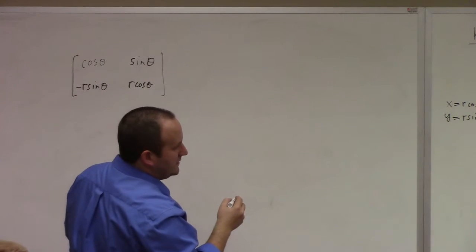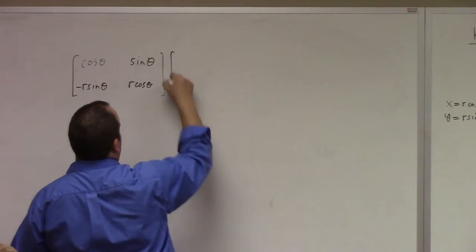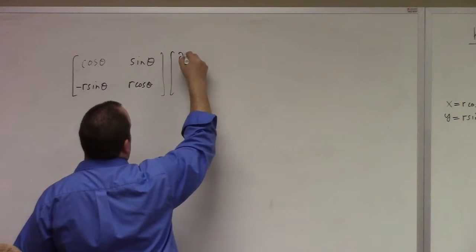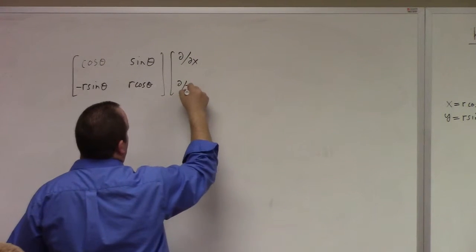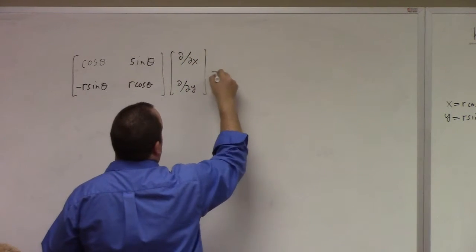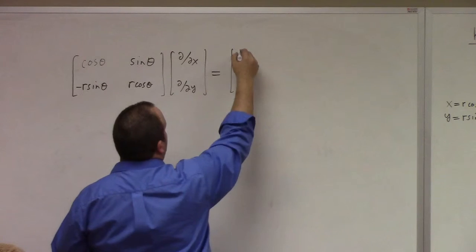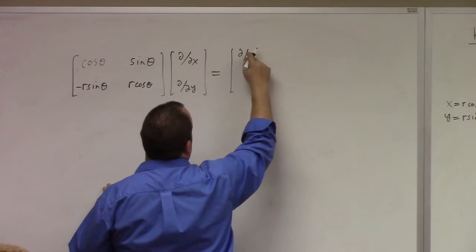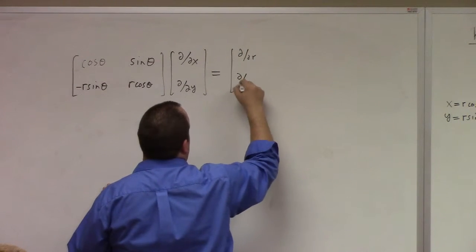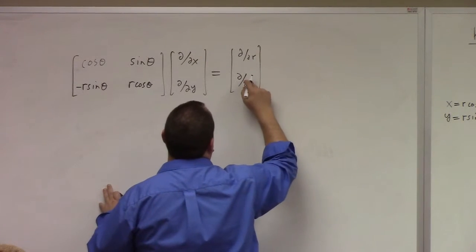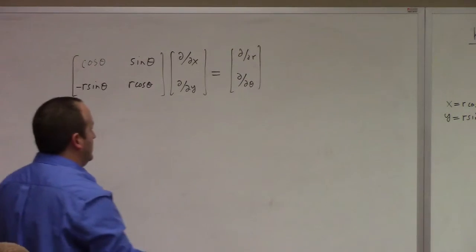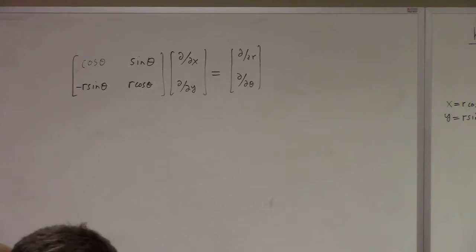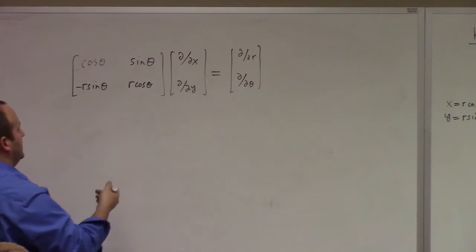r cosine theta, and partial x, partial y, and that's equal to partial r and partial theta. So if I want to solve this, you could use Cramer's rule, you could use multiplication by inverse. Whatever floats your boat.